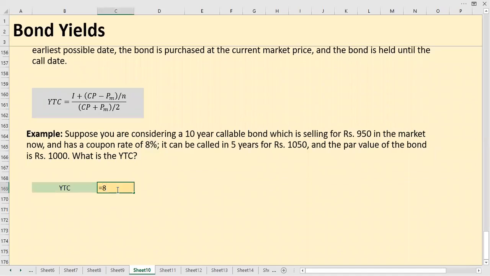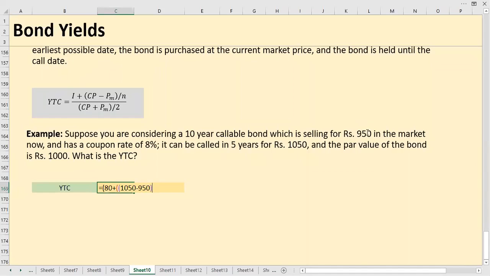So I am going to put 80. According to the sum, it is 80 plus call price. The call price is 1,050 minus market price. Market price is equal to 950.